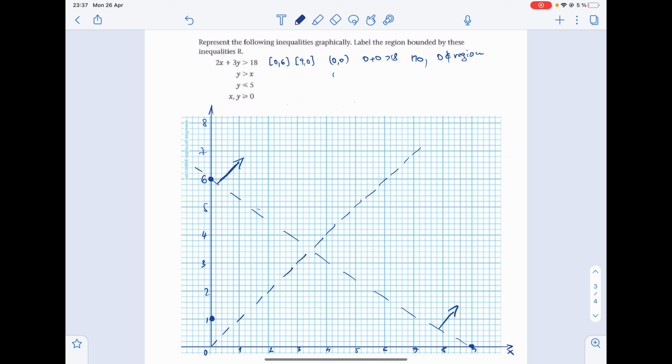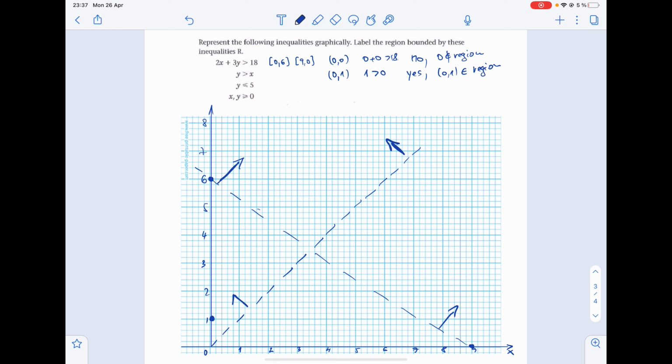So if I have 0 and 1, I'm going to plug it in. 1 is greater than 0. This is true. That means the point 0, 1 belongs to the region I want. That means I am keeping this part, right?